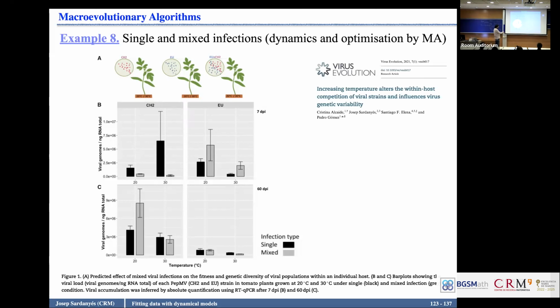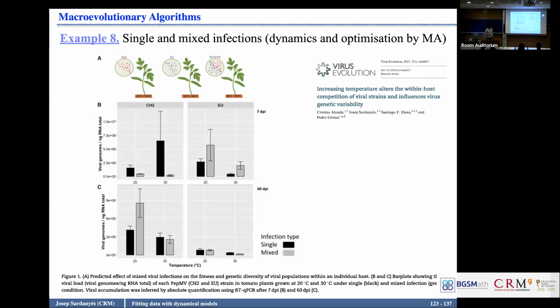And this is the same for the mixed infection. And the same for 30 degrees. So here we have kind of time series, but we have 3 points. And this is probably the only paper that you will find with a fitting with 3 points. But you will see, it makes sense.